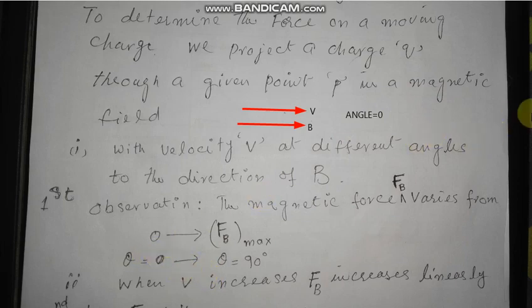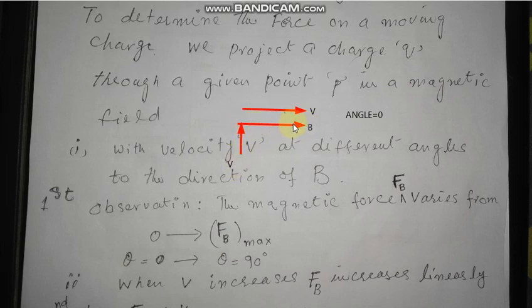But if we project a charge q in a magnetic field with a velocity v which is perpendicular to the magnetic field, this is the direction of motion of the charge q, and this is the direction of the applied magnetic field.